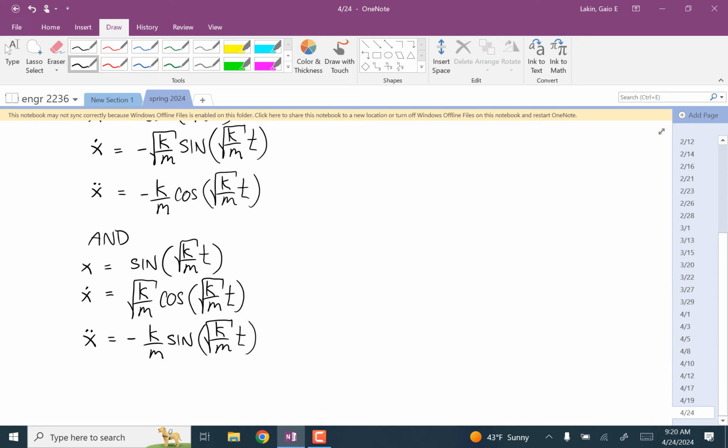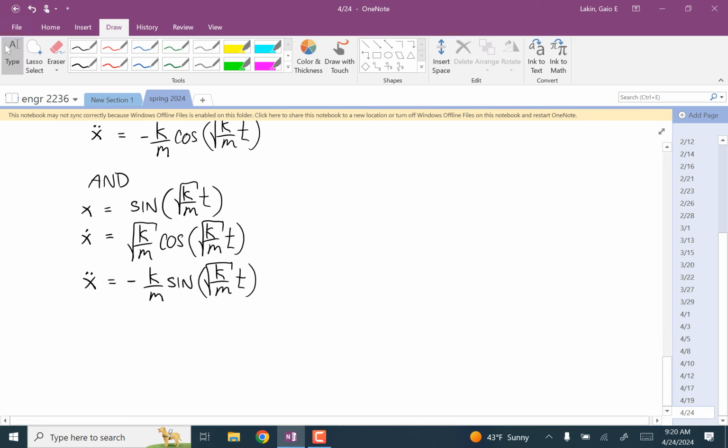Both of those work, so we're going to make a general solution for this, a solution that encapsulates every possible solution to this.